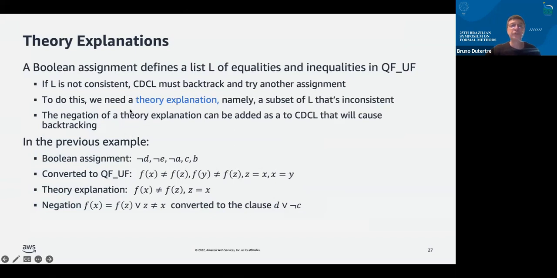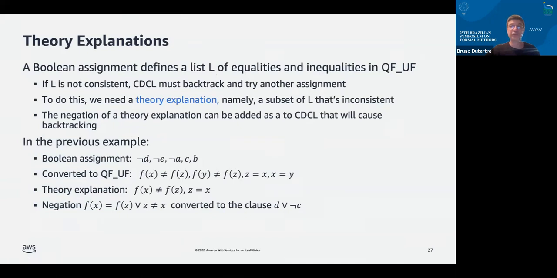So more precisely, we need the theory explanation when we get a list of, in our case, a list of equalities and inequalities in QF that are not consistent. So you have a set of constraints on your terms that involve only equalities and inequalities.